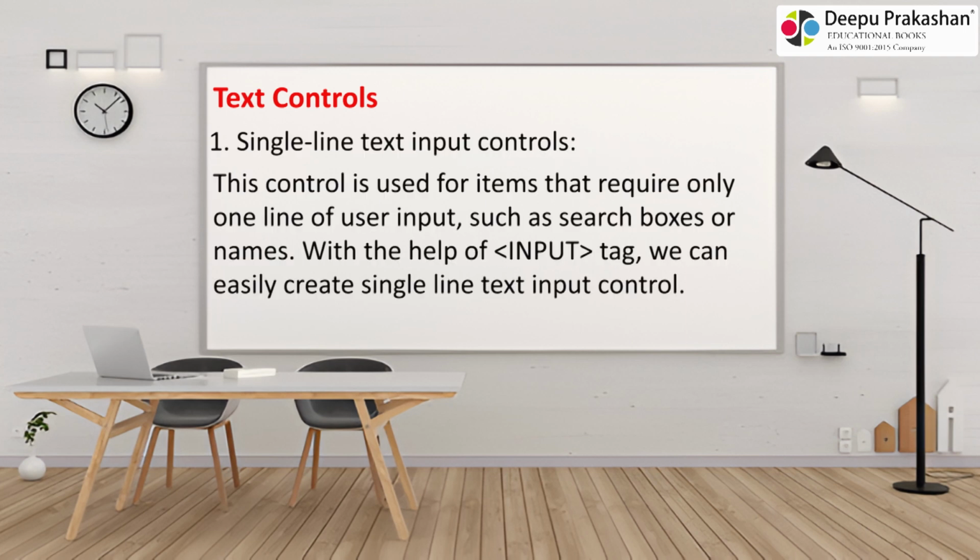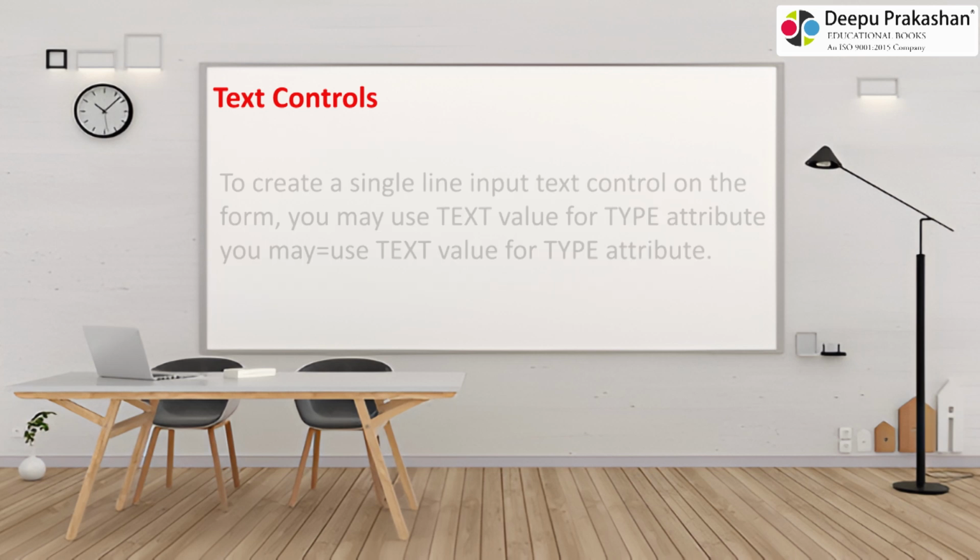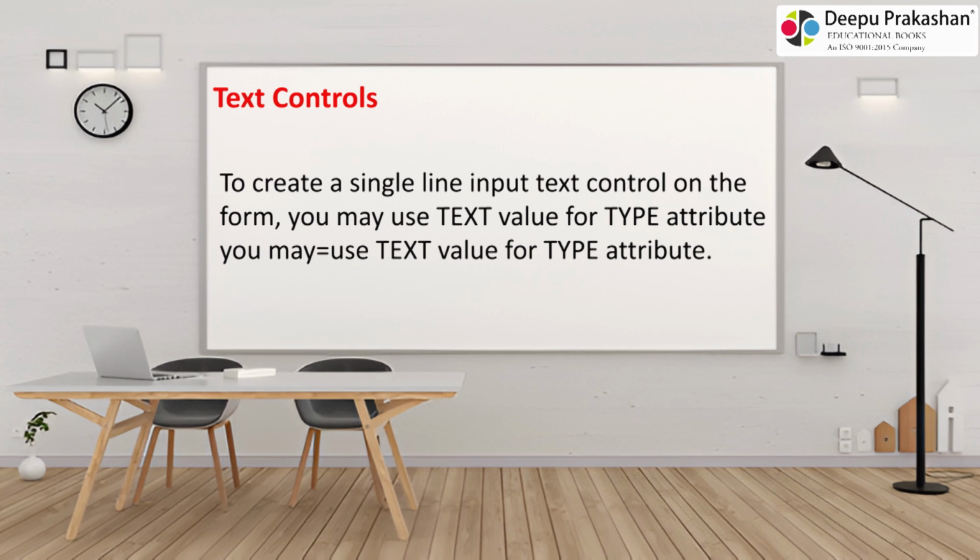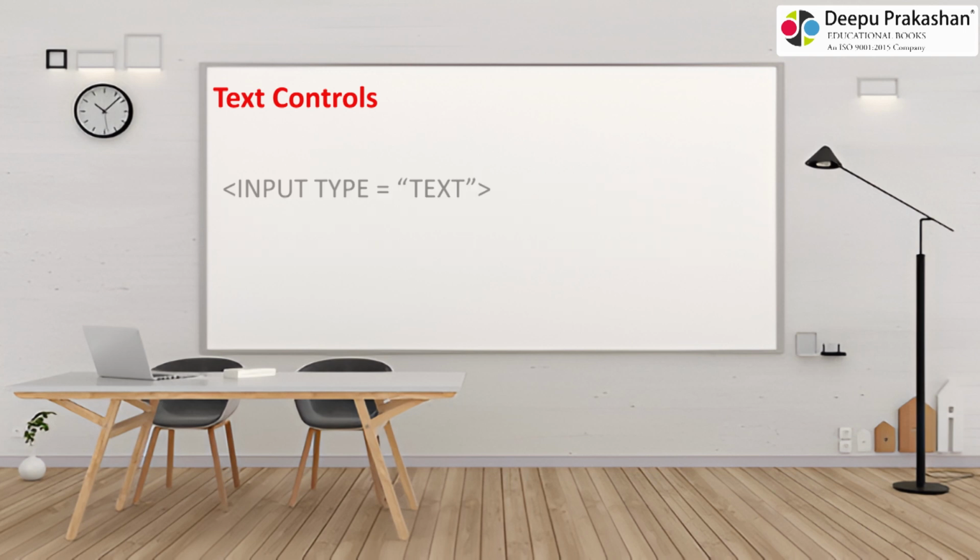This control is used for items that require only one line of user input, such as search boxes or names. With the help of the input tag, we can easily create a single-line text input control. To create a single-line input text control on the form, you may use the text value for the type attribute. Input type is equal to text.